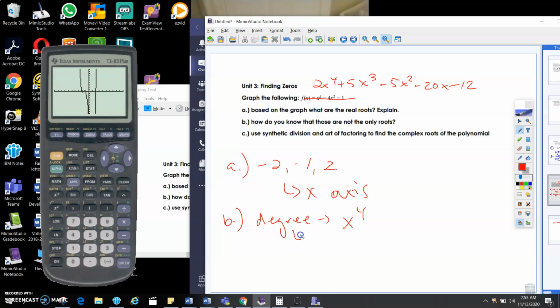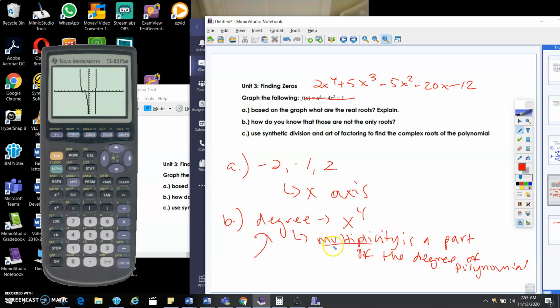Okay, so multiplicity is a part of the degree. So you want to have a discussion about the degree, and you want to mention the word multiplicity. And then you may also want to take into consideration, you want to talk about complex solutions.